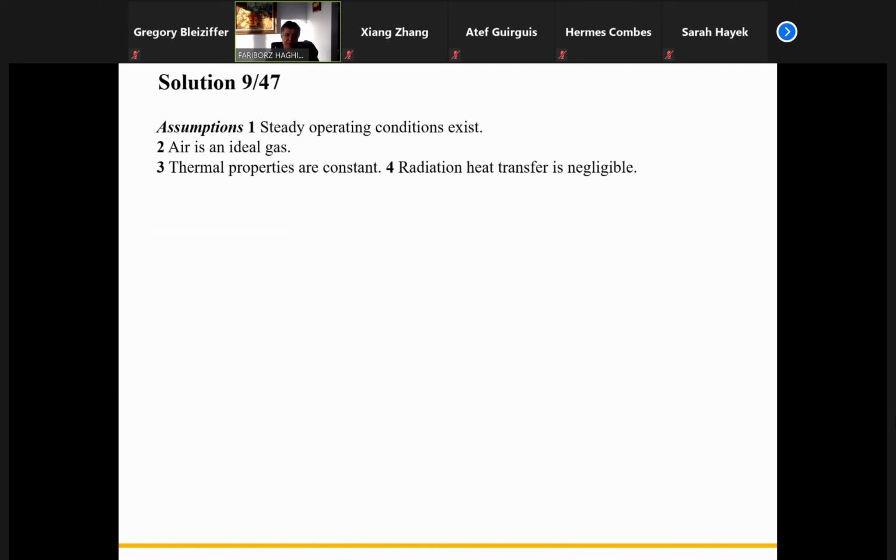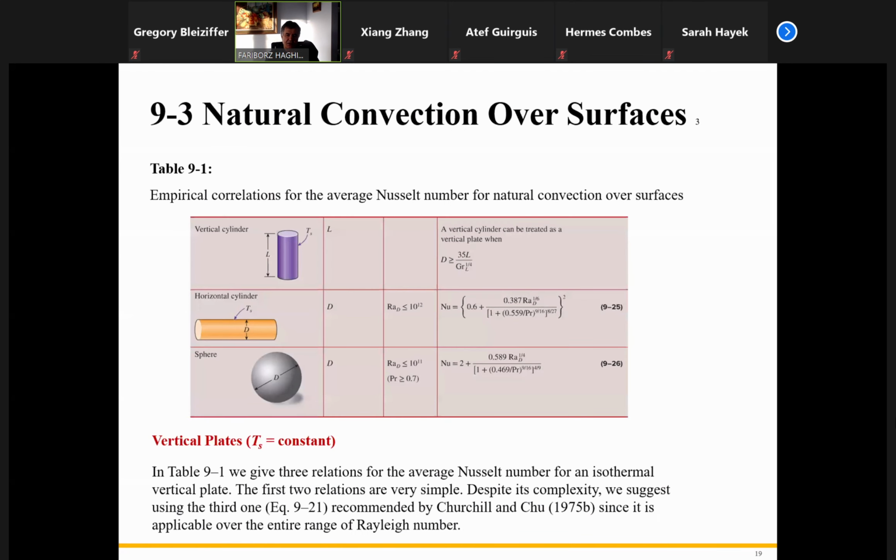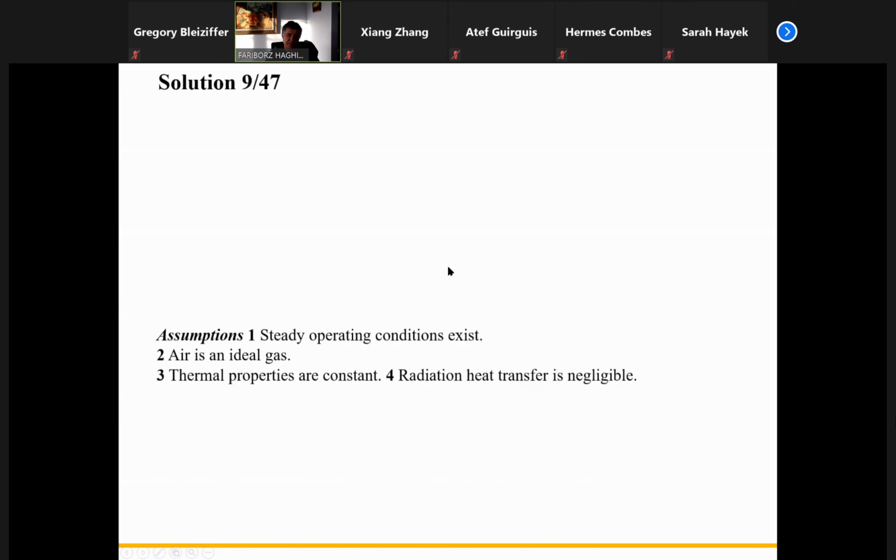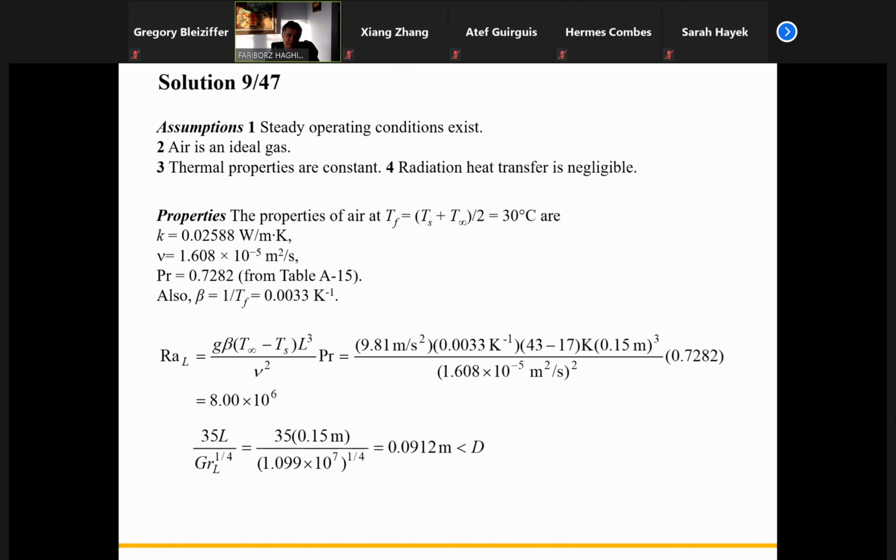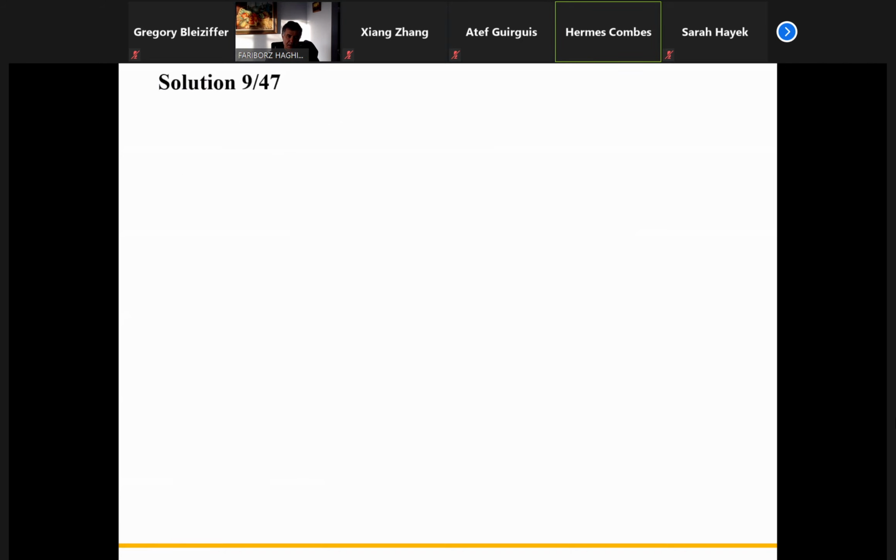But also, I mentioned the only time you can use that one is if this condition is satisfied. We have the characteristic length, we have the Grashof number, we can verify this one. What if it actually is bigger than that value?